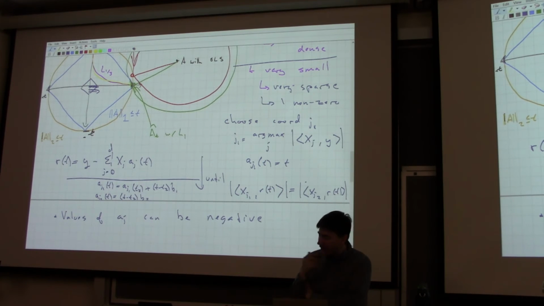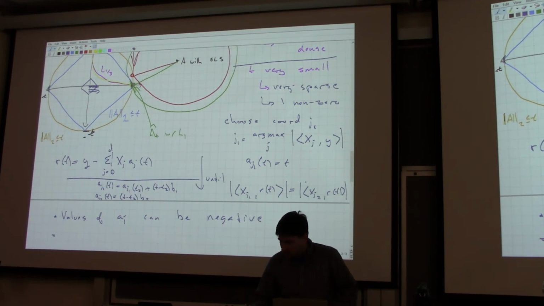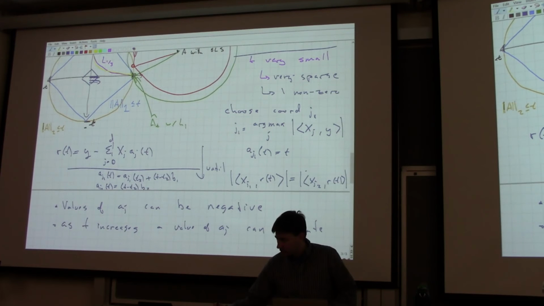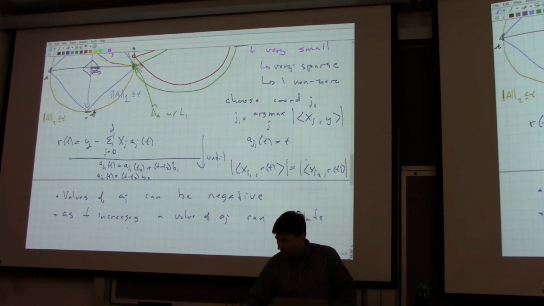What's strange is that as t increases, the value of AJ can oscillate between negative and positive.